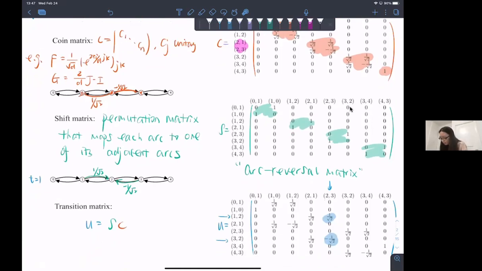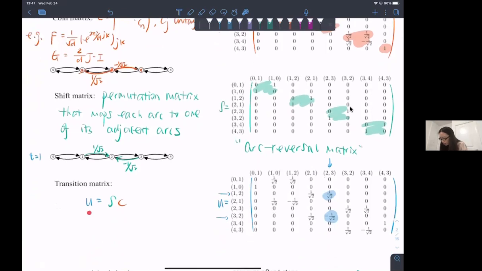Now, combining these two together, the transition matrix is a product of S times C. And then you can do this multiplication manually and see that the unitary matrix is exactly what we had before on the previous page. Actually, there's a comment in chat if you would like to check that.